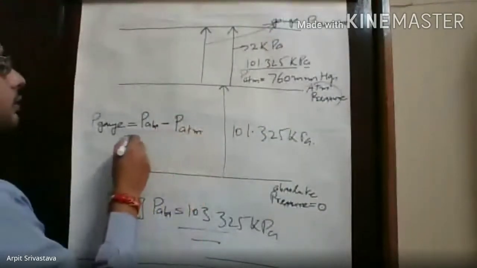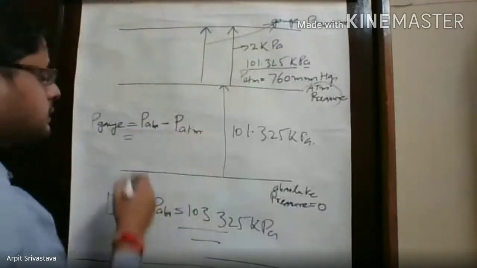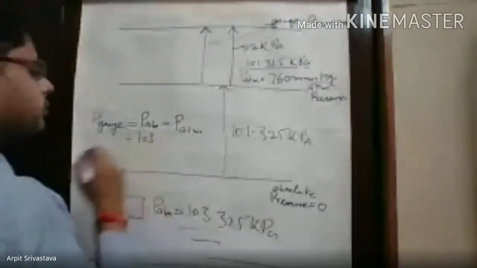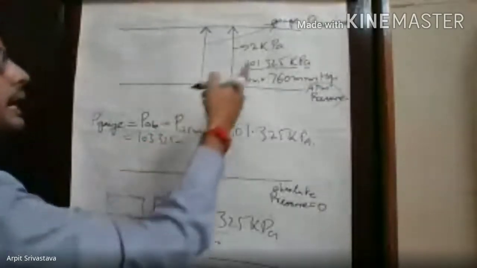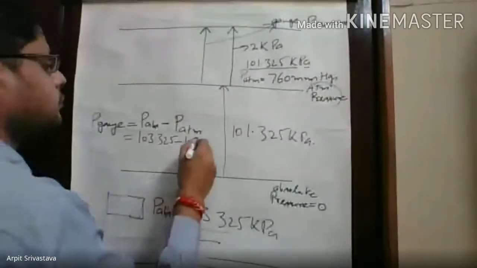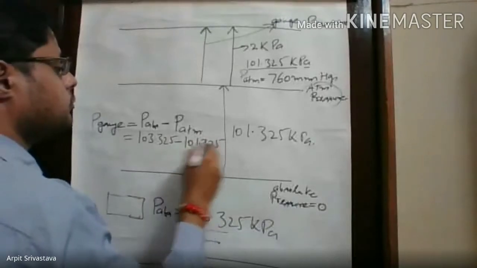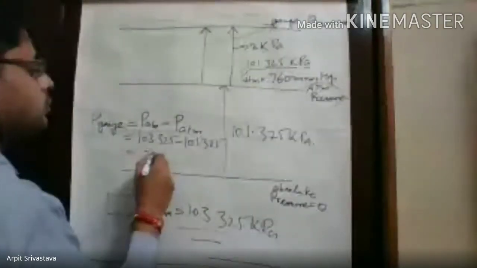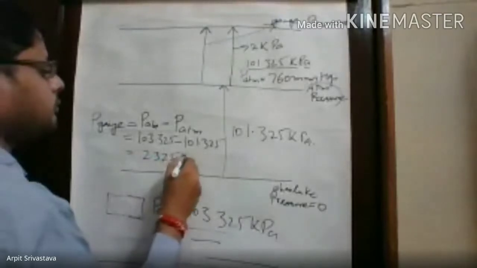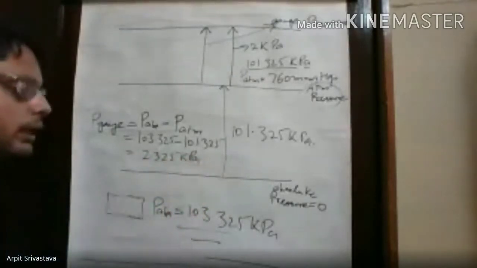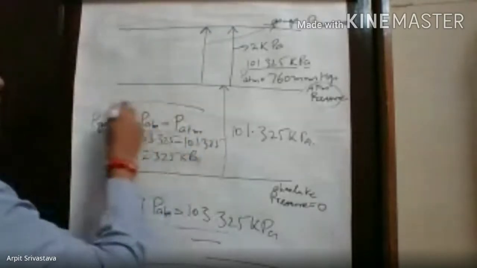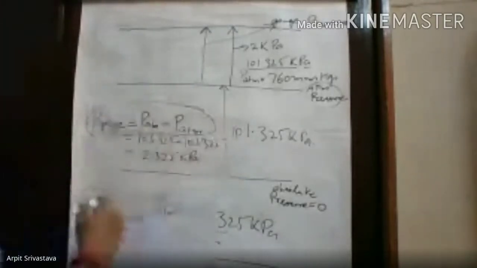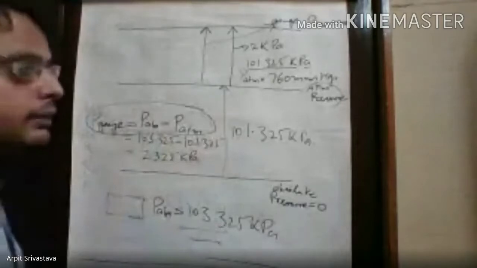That is 103.325 minus 101.325, equal to 2 kilopascal. So this is the important expression: P gauge is defined as P absolute minus P atmospheric.